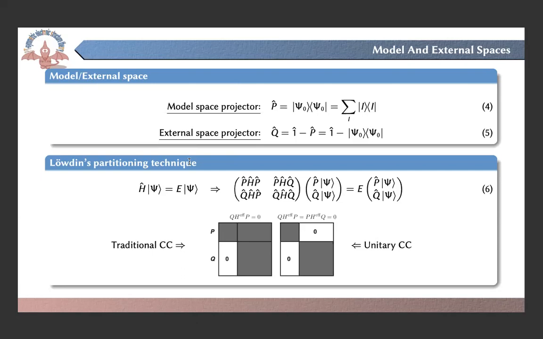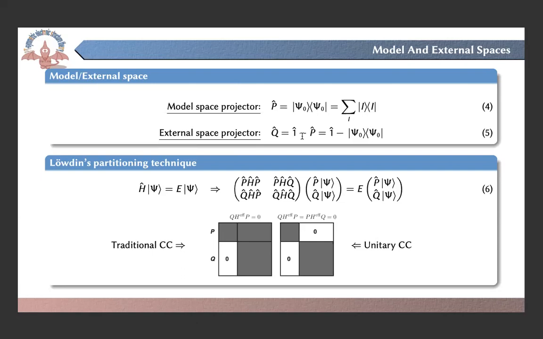So for example, you have what we call a reference wave function psi 0, which is going to define your model space. It can be defined as a sum of determinants, but it can be something else. It can be only one determinant if you want. And so we define the projector onto that space, P, and the complementary space, what we call the external space, which is 1 minus P.